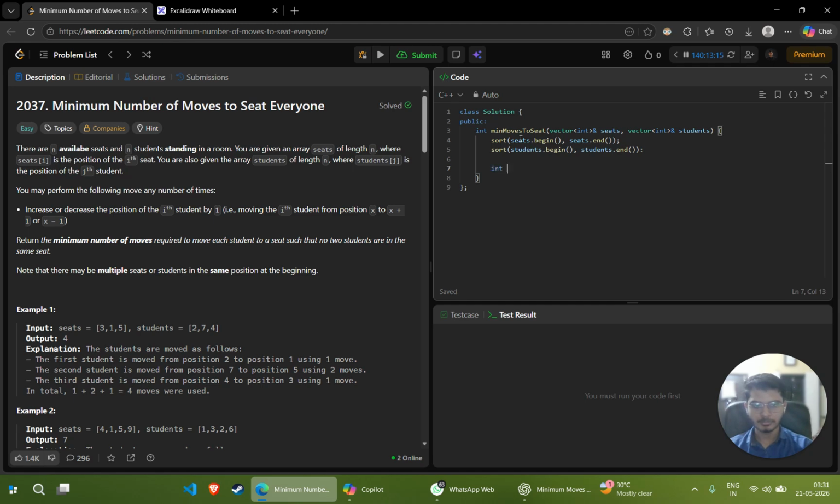Let's take a variable initialized to 0, as sum, to calculate the total number of moves.